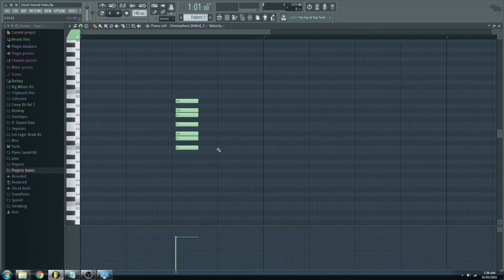So we have C, D, D sharp, F, G, I don't need to name them. You can see them. You can think of your root note of the key as your 1 chord, okay?